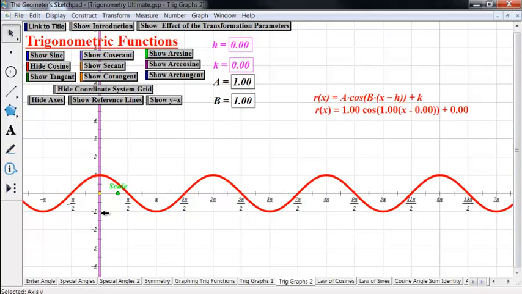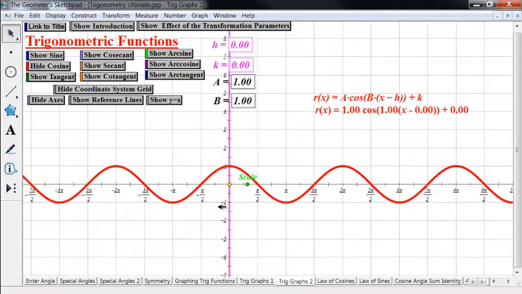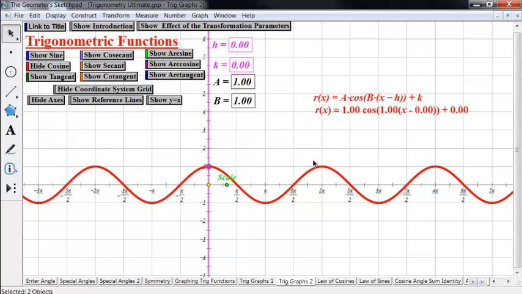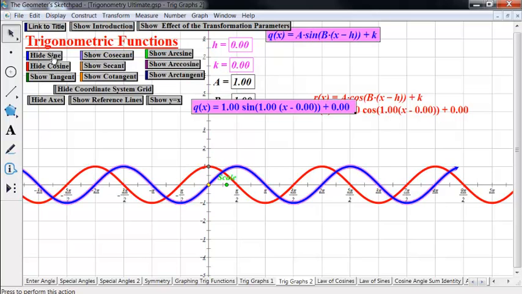It just keeps retracing that same basic pattern that it gets from 0 to 2 pi. It gets that pattern once, and then it repeats that over and over again. So that one cycle is called one period. Notice that sine was very similar.